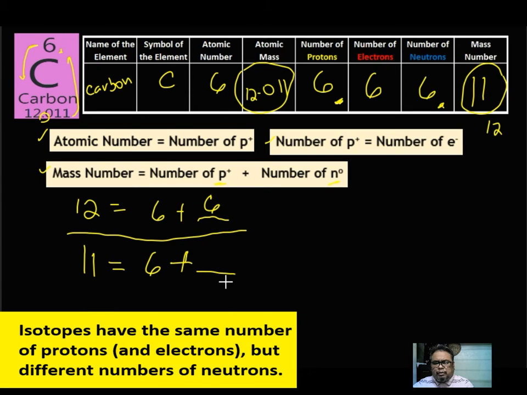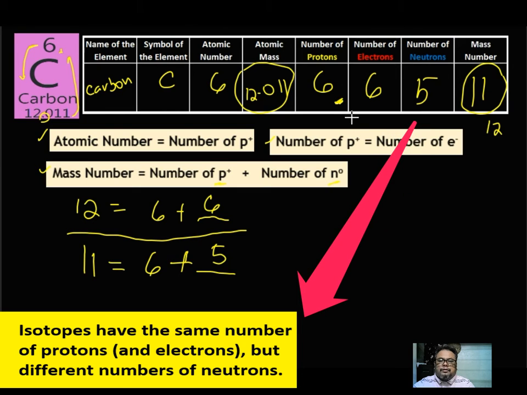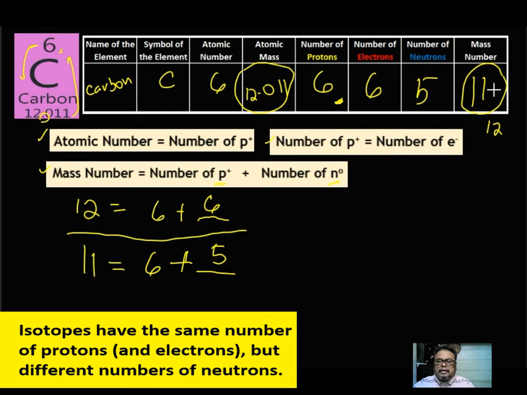Okay, again, what do you think is the number that when we add it to 6, it will give us 11? Right, so that number is 5. So, we have to change this to 5. Right. So, 6 plus 5 is 11. So, when we add the protons and neutrons, that is it. Its mass number is 11. So, again, this 11 is another isotope for carbon.